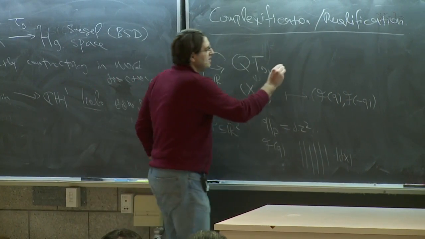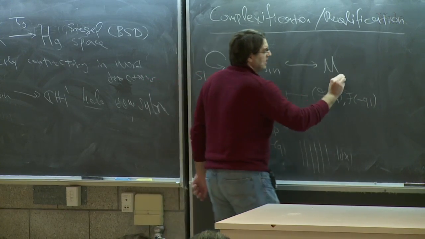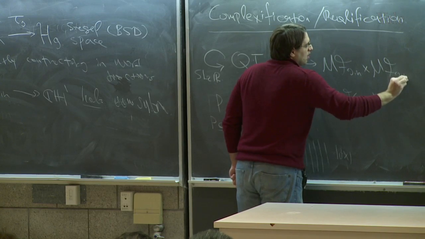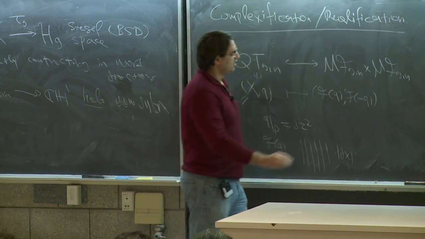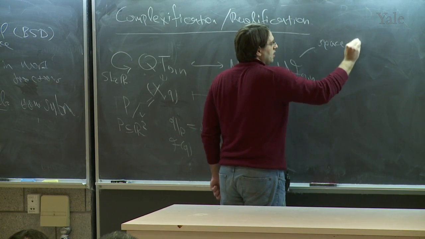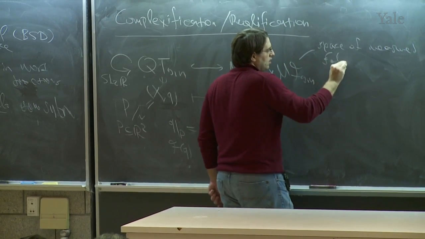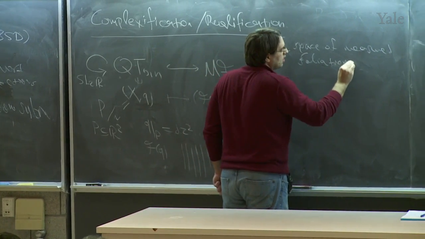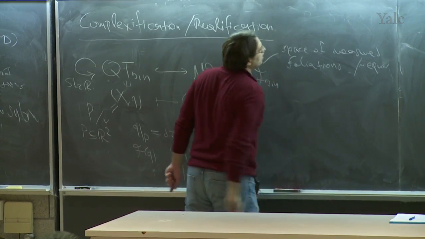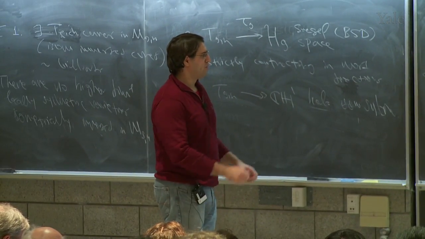In particular, this map is known to give an embedding of this bundle of quadratic differentials inside the product of the space of measured foliations, up to an equivalence relation. That is, you identify two when they differ by an isotopy preserving the transverse measures or by splitting the zeros.